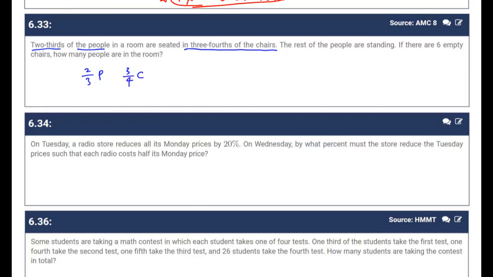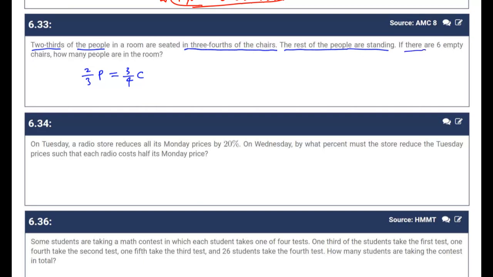Now these should be equal, right? The number of people who are seated and the number of chairs that are occupied should be the same, because those chairs are taken by people who are sitting. Now, the rest of the people are standing, which is 1/3 of the people.